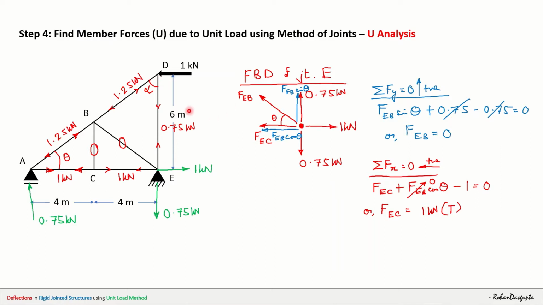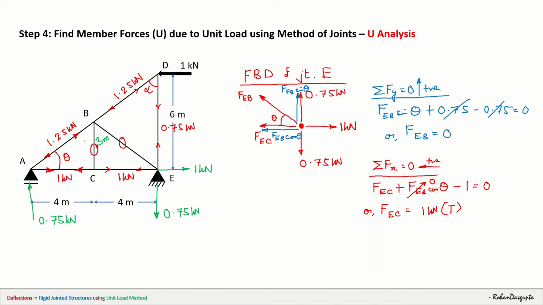So by default, half of this length will be 3 meters. So this member BC will be 3 meters.